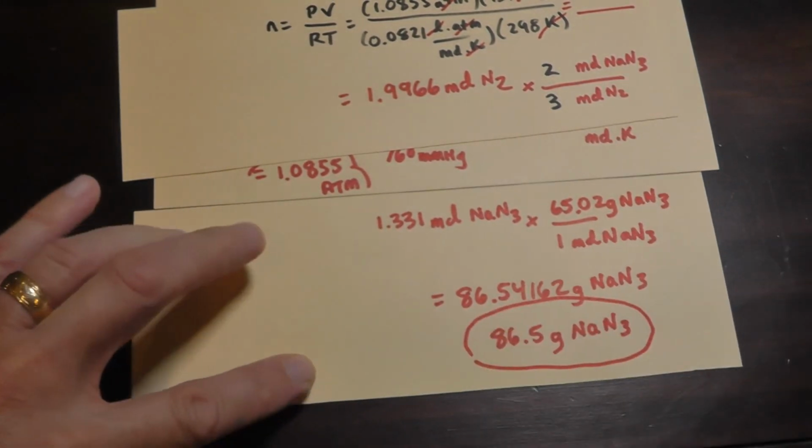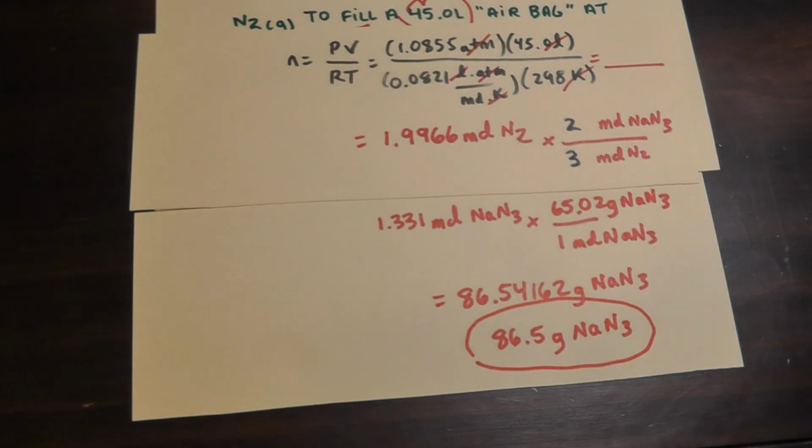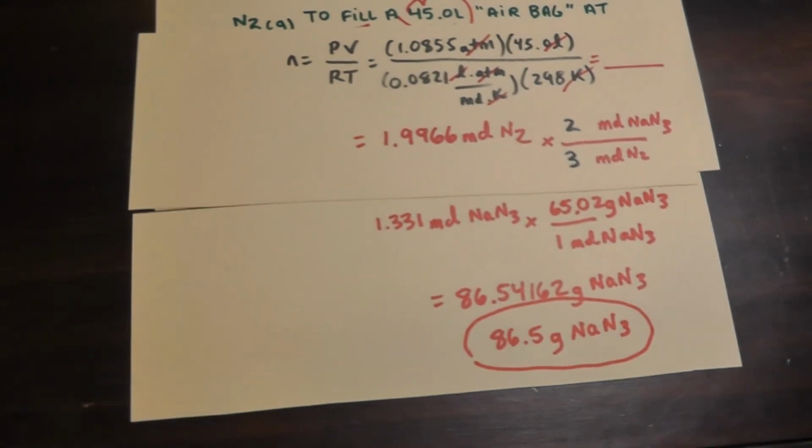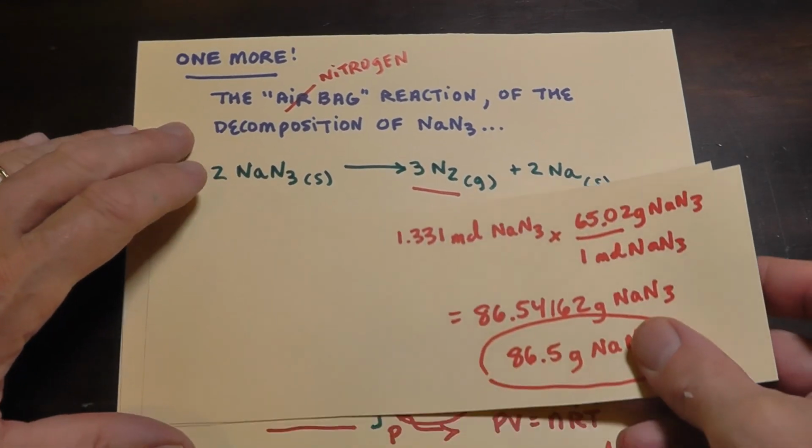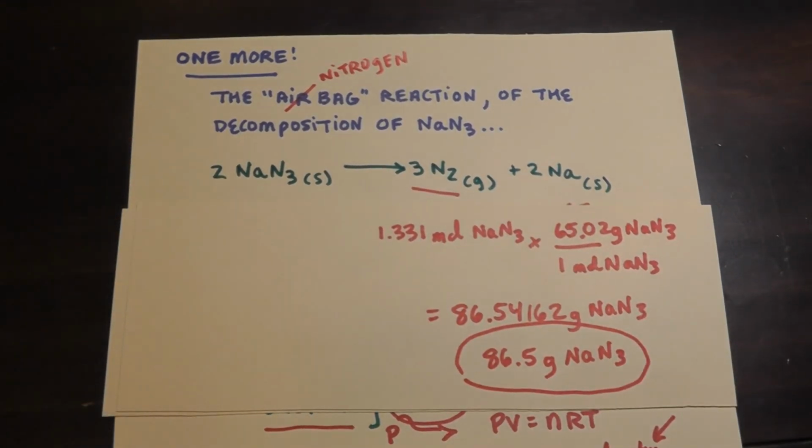Now think about how important of an engineering problem that is. If you don't have enough of this stuff, you're not going to properly inflate the nitrogen bag. And if you have too much of it, you're going to overinflate the nitrogen bag. And both of those would be bad news.